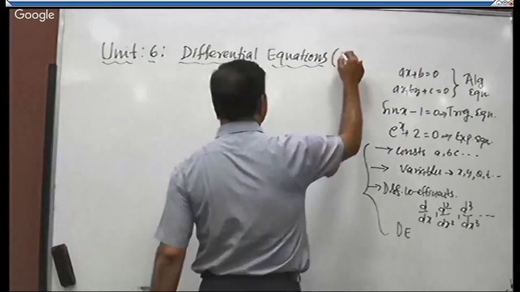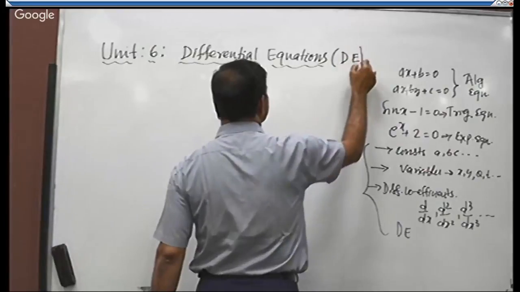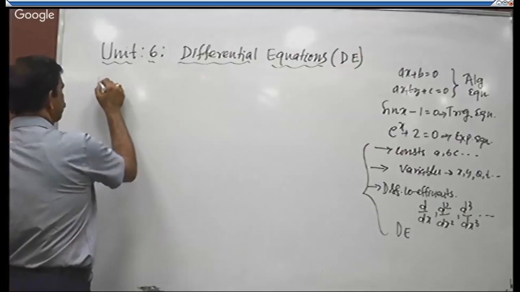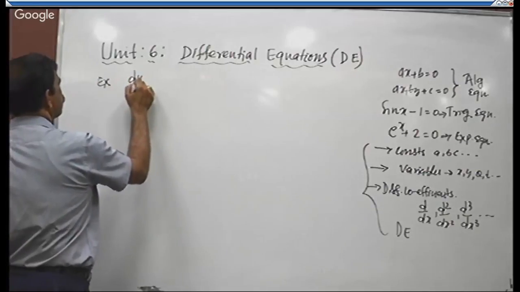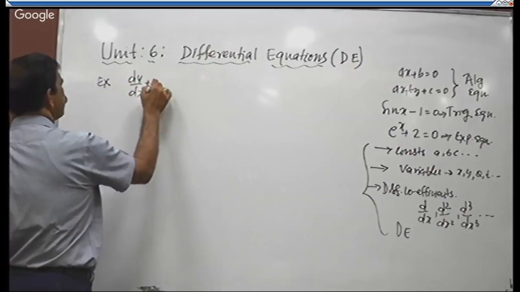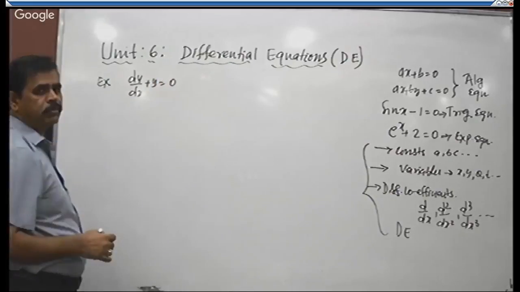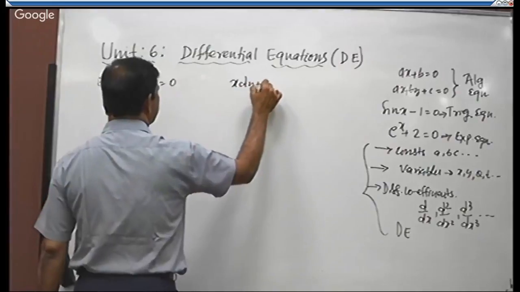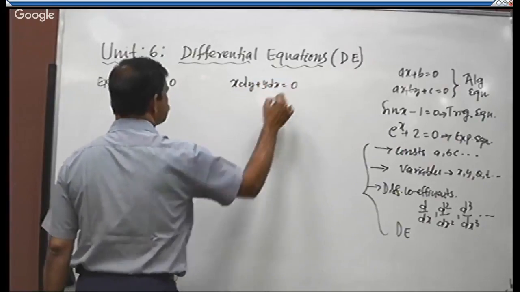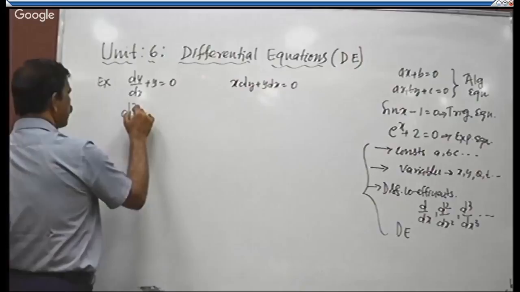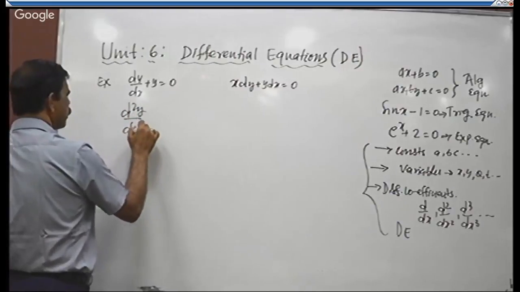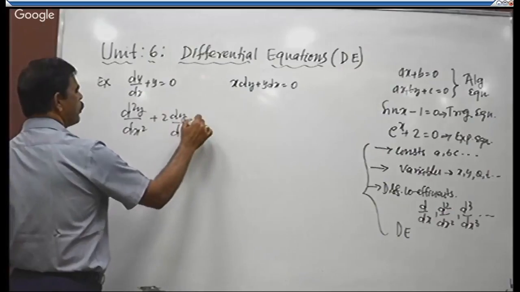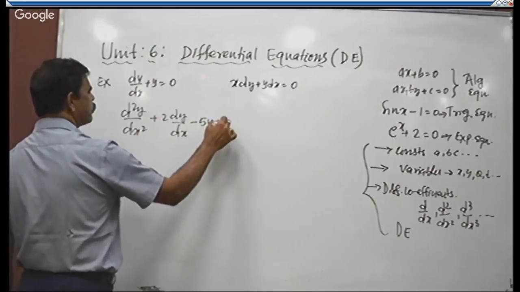Shortly, we call it DE, differential equation, right? Example, dy by dx plus y is equal to 0. x dy plus y dx is equal to 0. d square y by dx square plus 2 dy by dx minus 5y is equal to 0.